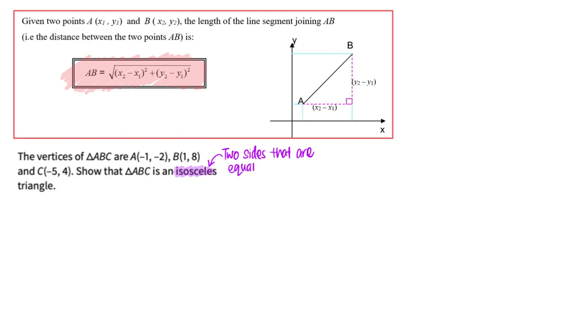Meaning that for this particular question, all we have to do is make use of this formula to find all the three lengths of this triangle, and if there are two sides that are equal, we have successfully proven and shown that triangle ABC is an isosceles triangle.